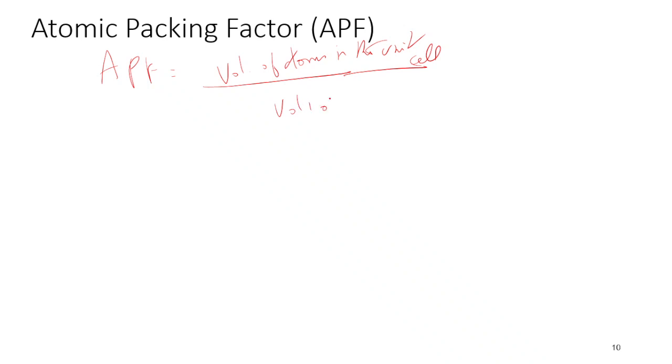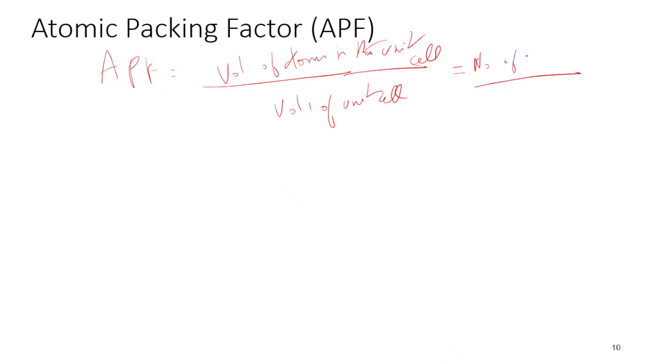Let's look at the atomic packing factor. What is the formula? Do you guys know? Volume of atoms in the unit cell divided by volume of the unit cell. So what's the volume of atoms in this unit cell?